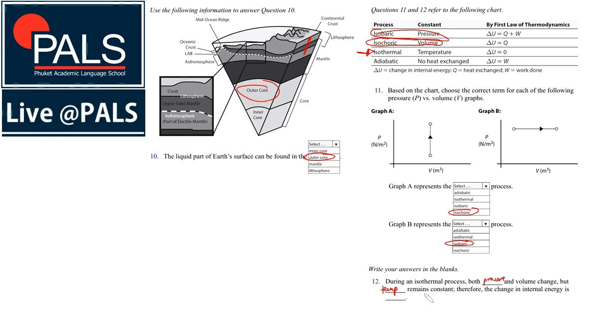Temperature remains constant. Therefore, the change in internal energy is, and now we can look at the first law, the change in internal energy is equal to 0. So we just make use of the information in the table.